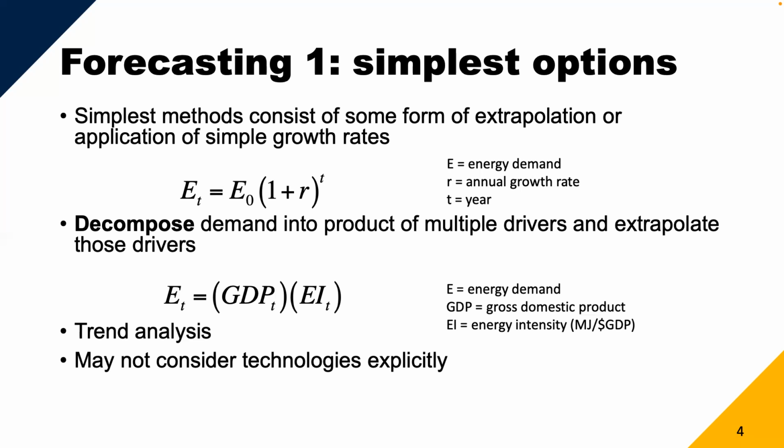You'll see that this is much more of, as we'll describe in a second, a top-down model, right? This growth rate term encompasses, or is meant to encompass, all of the driving factors behind energy growth.